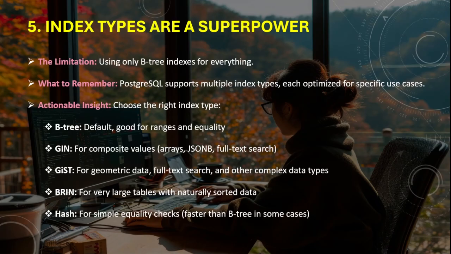For example, you need a GIN index for composite values such as arrays or JSONB documents. A GiST index can prove useful when you are working with geometric data or full text search, while a BRIN index can prove useful when you are working with very large tables having sorted data, and it is incredibly efficient.